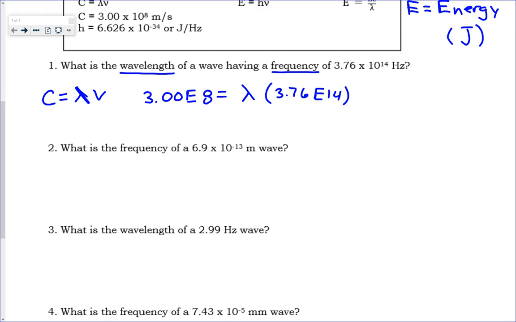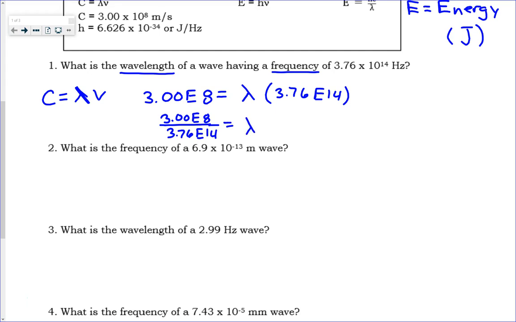To solve for lambda, we're going to divide both sides by 3.76 times 10 to the 14th, and so what we end up with is 3.00 E8 divided by 3.76 times 10 to the 14th is going to give us our lambda.